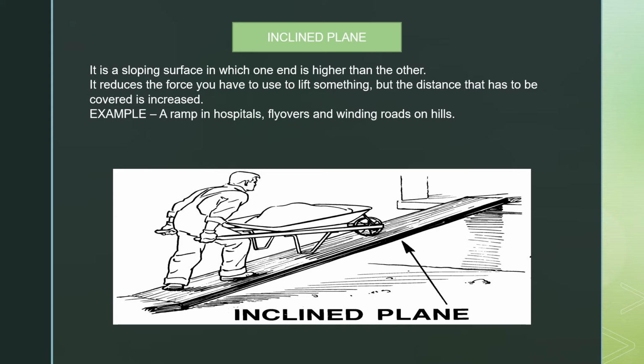An inclined plane is a simple machine in which a sloping or tilted surface is used to lift heavy loads with less effort. It is a flat surface raised at one end.